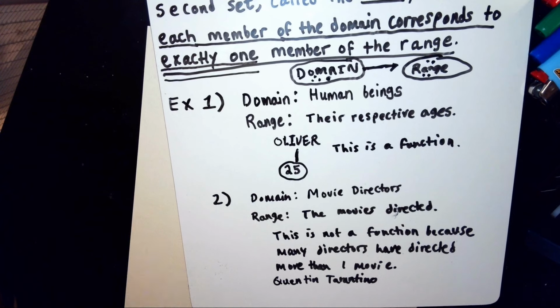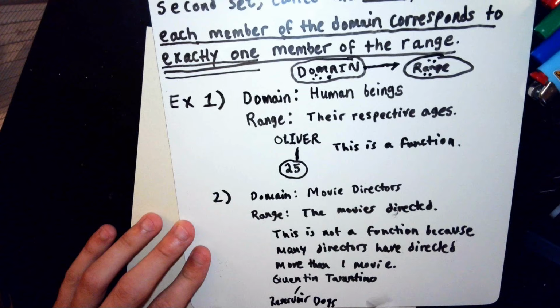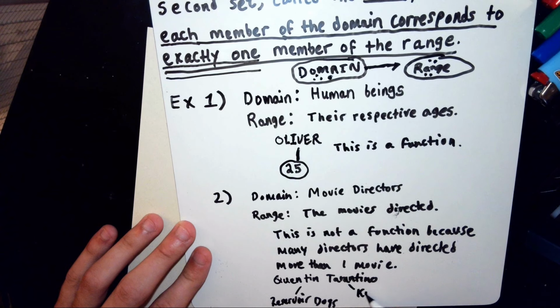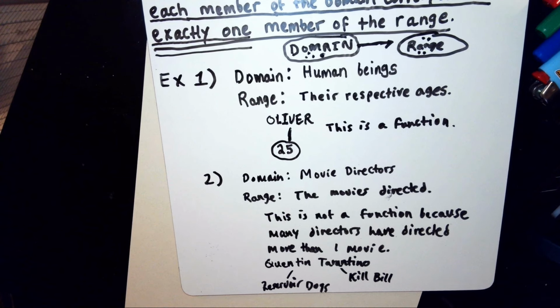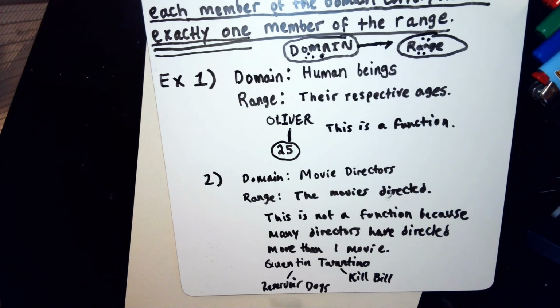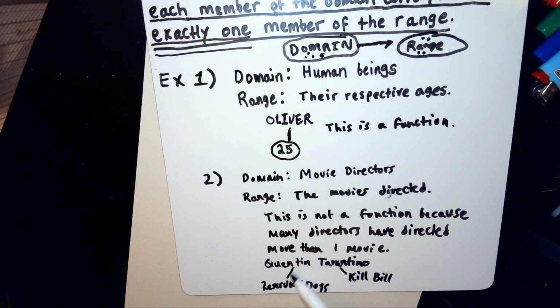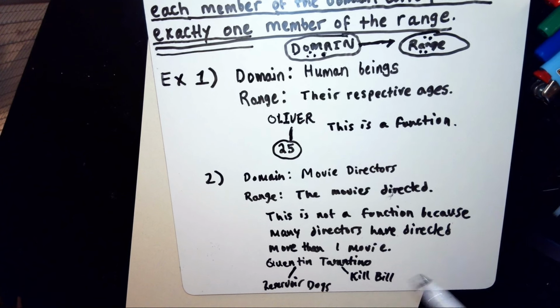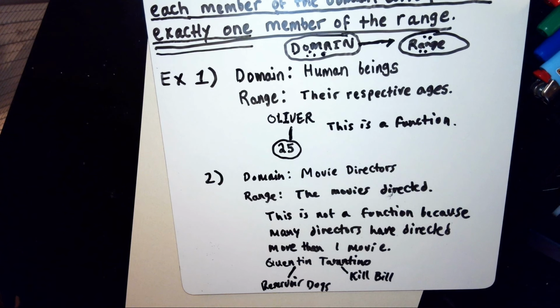He's actually one of my favorite directors, but he directed the movies Reservoir Dogs, which I don't necessarily recommend, and Kill Bill. He directed many, many more movies than Reservoir Dogs and Kill Bill, but this suffices to show that it's not a function, since Quentin Tarantino is being associated with all of the movies that he directed. So he's not being associated with only one movie. He's being associated with many more. I think he's directed like 10 plus movies or something like that.